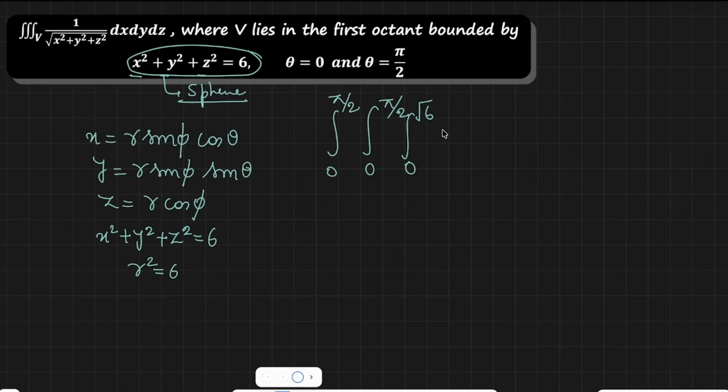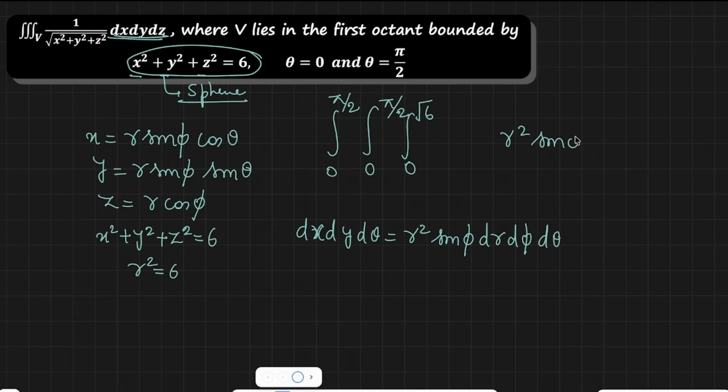In this case dx dy dz will be r square sin phi dr d phi d theta. So instead of writing dx dy dz, you have to write r square sin phi dr d phi d theta. And 1 upon the square root of x square plus y square plus z square is 1 upon square root of r square, which is ultimately r.